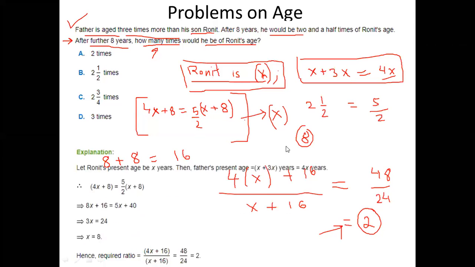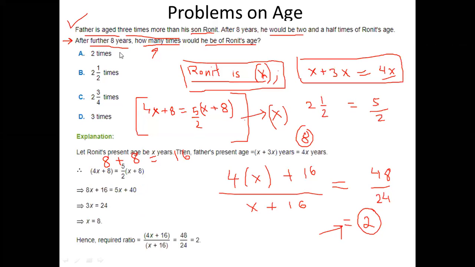Okay, so this problem we discussed in the last class. I hope you remember.